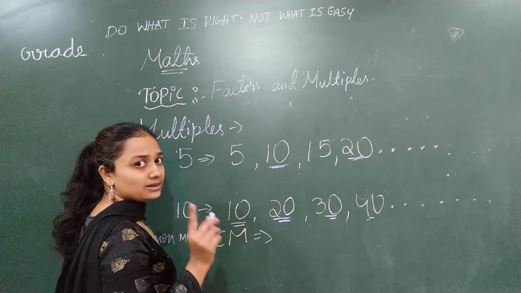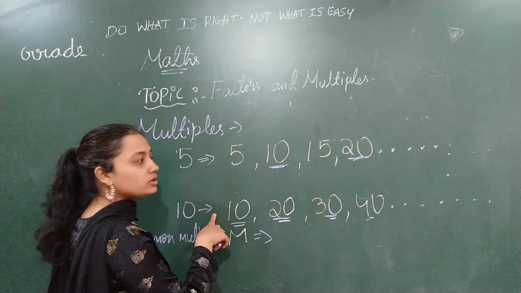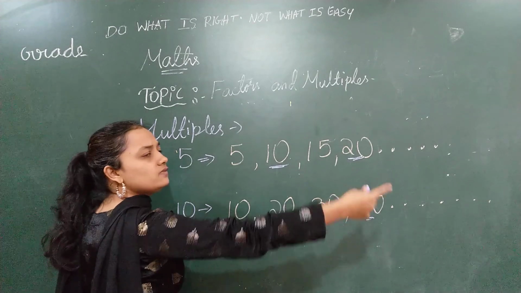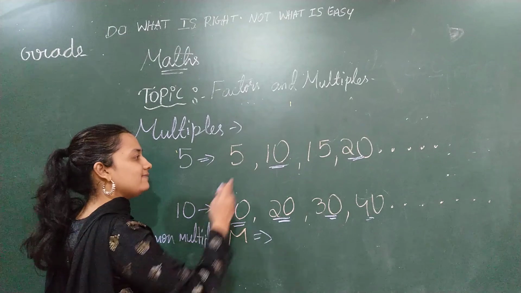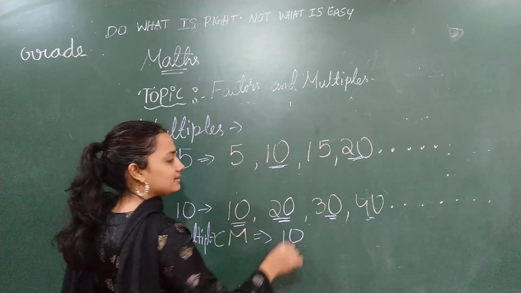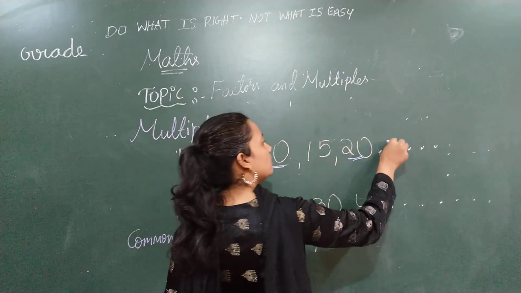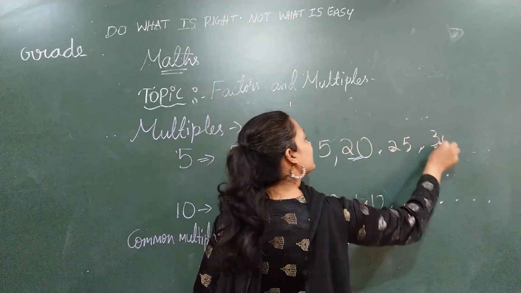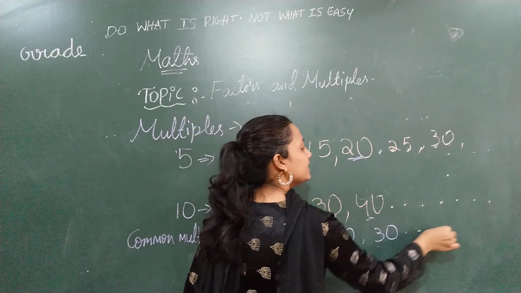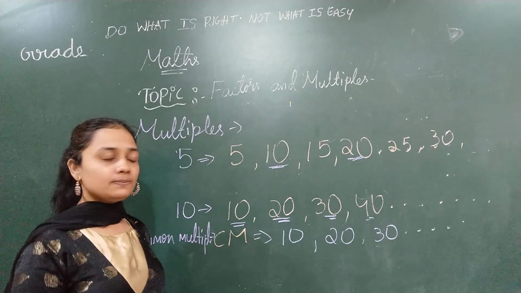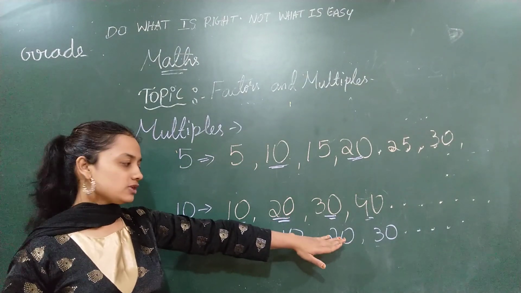You should always know that common multiples will start from the first common multiple. You cannot just write 20, 30, 40 and so on, skipping the first one. So first always take the first common multiple, 10. And then 20. And if I write more, I get even 30. I can take so many common multiples, but I don't want to go further, let us stop here.